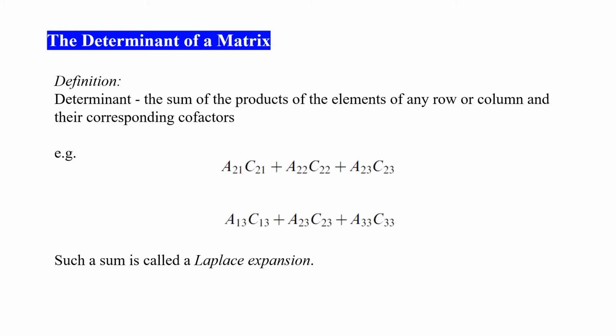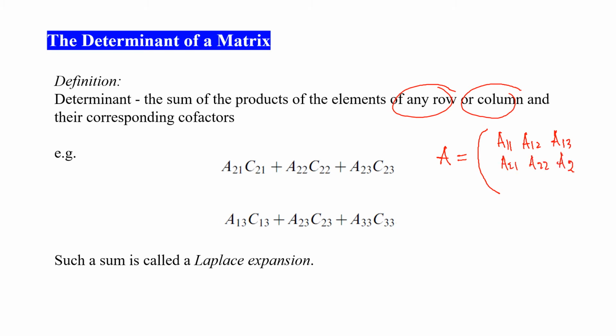What we mean by this is that if you have your matrix A, which is equal to A11, A12, A13, A21, A22, A23, and then A31, A32, and A33, the determinant is the sum of the products of the elements of any row or column and their corresponding cofactors.